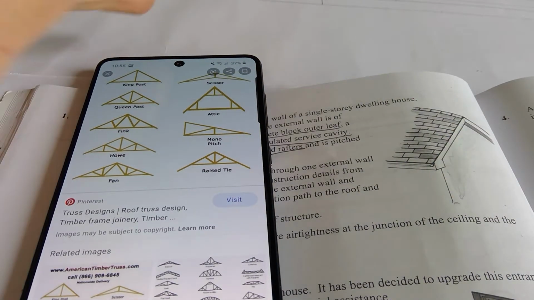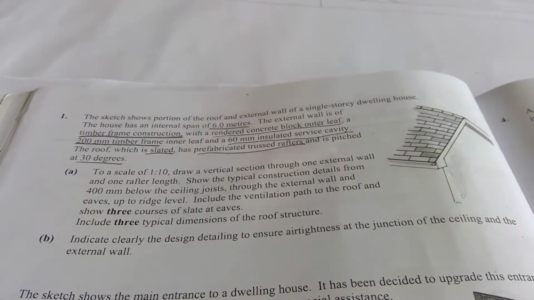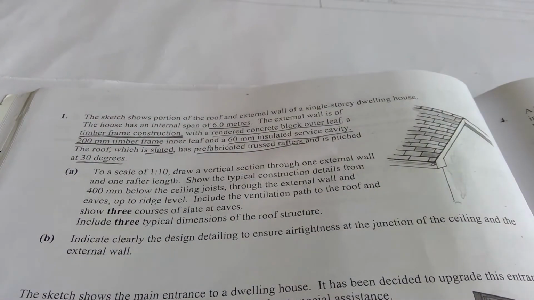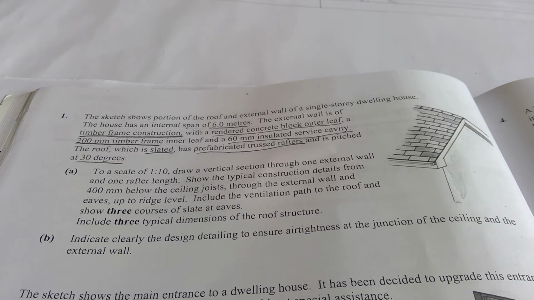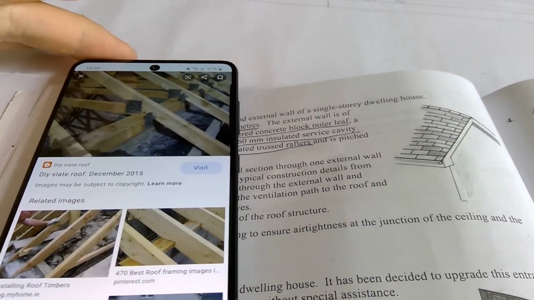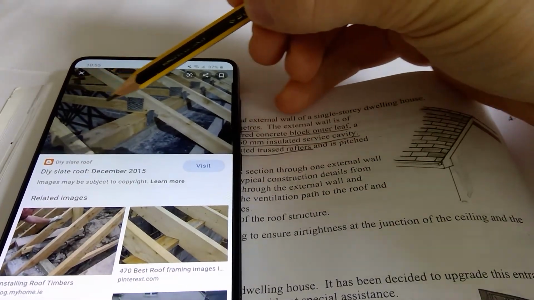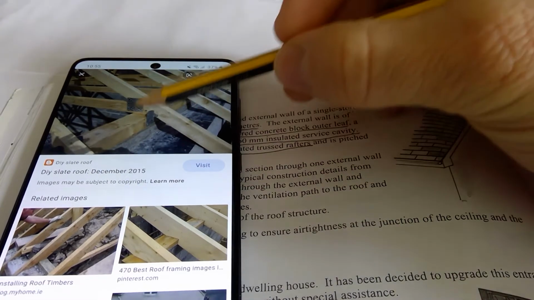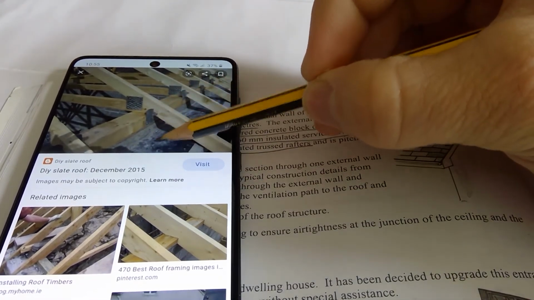With a truss roof, if you remember when we were drawing things before, in a traditional cut roof, the rafter is cut into the wall plate with a bird's mouth. I just want to show you how that is done with a truss roof. If you look closely at this picture here, that's the truss there, that's your wall plate, and your wall is down here.